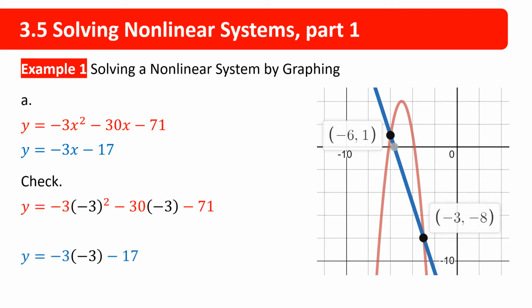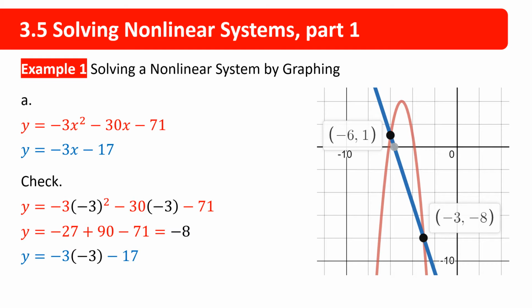The second point of intersection seems to be at -3, -8. And so if we want to check those, wherever we see the x, again, we can insert the -3. -3 squared is 9. 9 times -3 is -27. -30 times -3 is +90, and then minus 71. -27 plus 90 minus 71 is equal to -8.